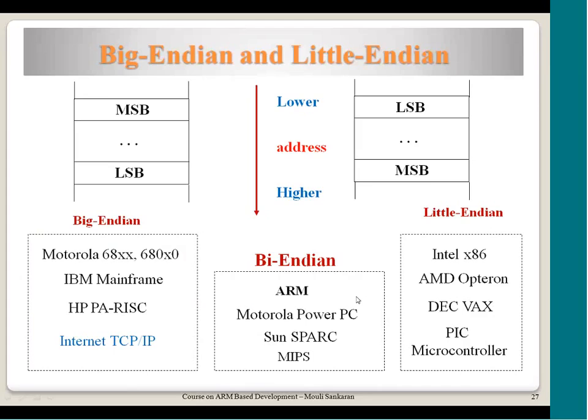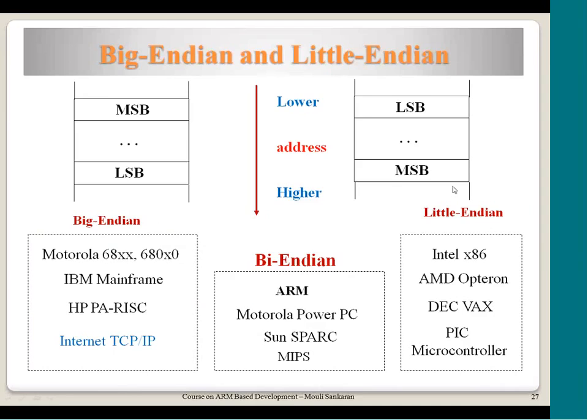Now let us see how different processors in the market implement Endianness. These processors from different companies use the Big-Endian mode of saving values from register to memory, and these processors use the Little-Endian way.